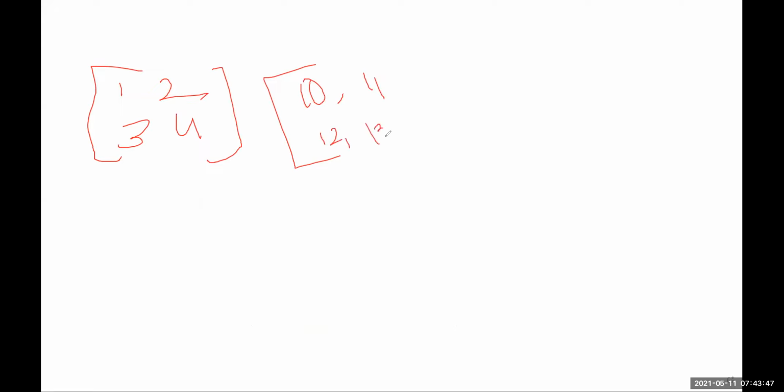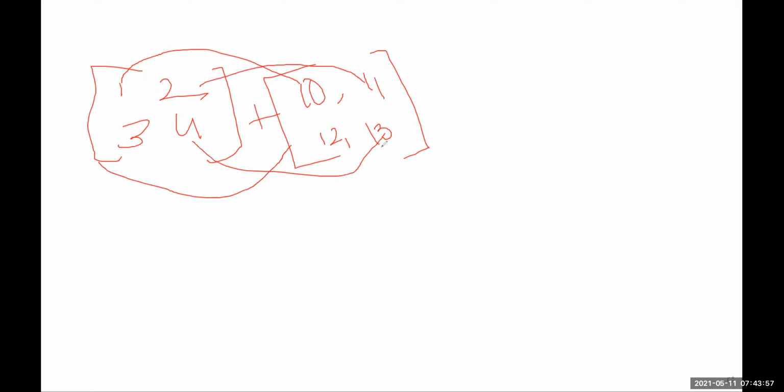Okay. Suppose this is one matrix 1, 2, 3, 4, and then I have another matrix 10, 11, 12, and 13. So if I want to perform the addition of these two matrices, I have to add this and this, this and this, this and this, this and this.